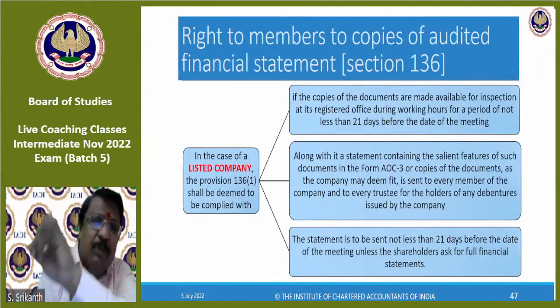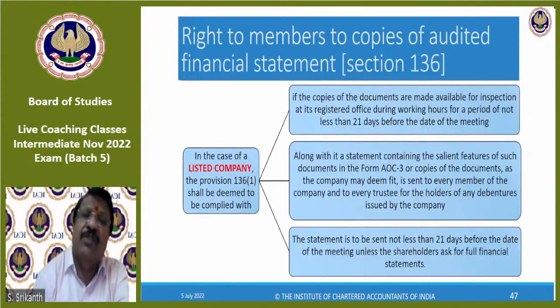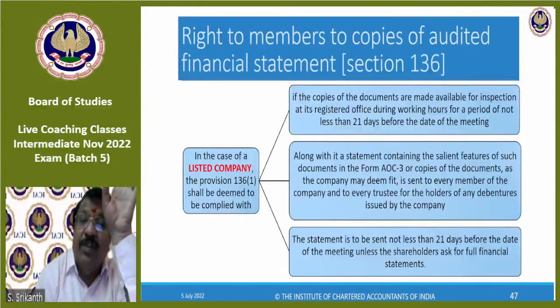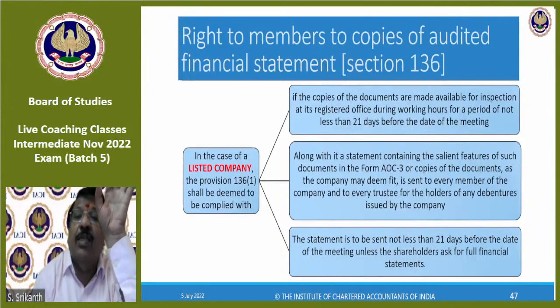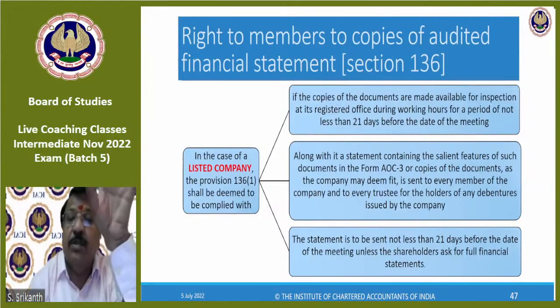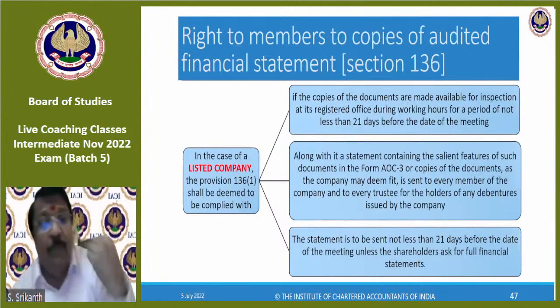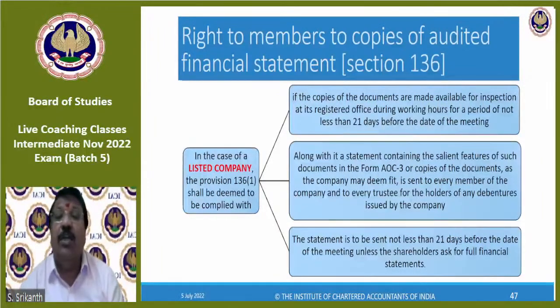So, anytime you want to have a look, you can go to the registered office and have a look. Along with it, a statement containing all the salient features of such documents in AOC 3 or copies of the document is sent to every member of the company and every trustee for the debenture holders of the company.